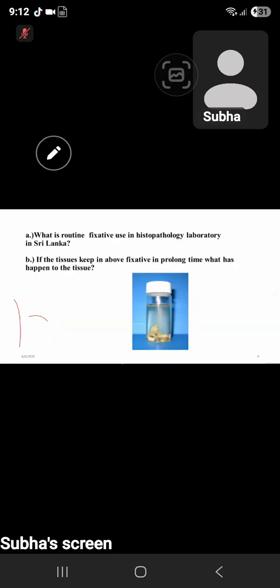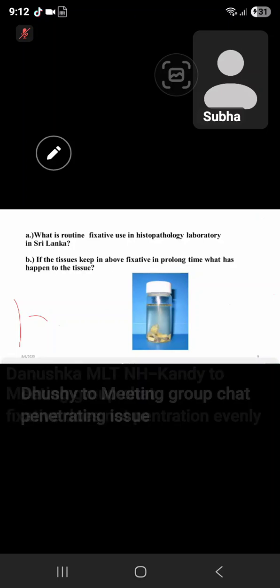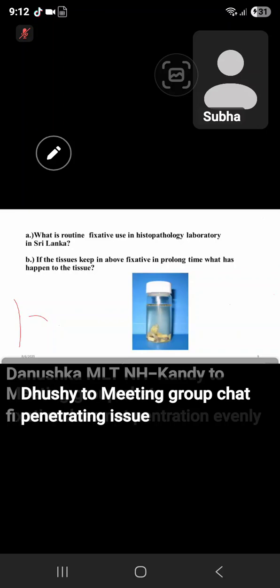It can happen if the tissue adheres to the bottom of the container or the wall of the container, or if the specimen is not bisected, right? So uneven fixation is when the fixative does not penetrate the whole tissue.